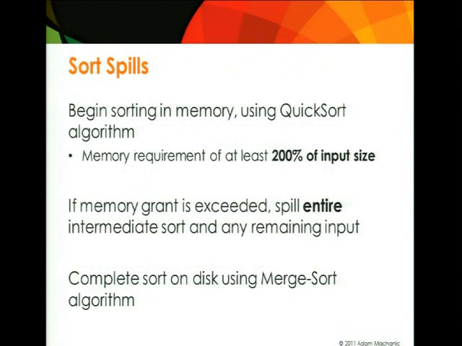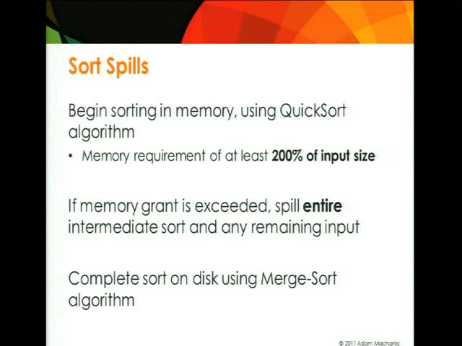So another thing that can spill is sort. And here's how sort works. It uses the quick sort memory and starts sorting your data in memory. And it sorts it in that memory space that was allocated based on the input requirements. Now, if the memory grant is exceeded even by a tiny little bit, this is where sort and hash are very different. If hash is exceeded by a tiny little bit, just 1 or 2 buckets can go ahead and start spilling out to TempDB.